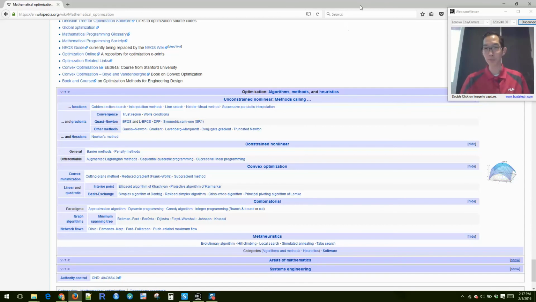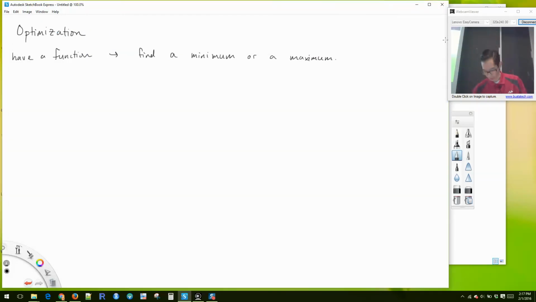Anyway, we're just going to cover a couple of these basic things. We'll start off with gradient-based optimization.